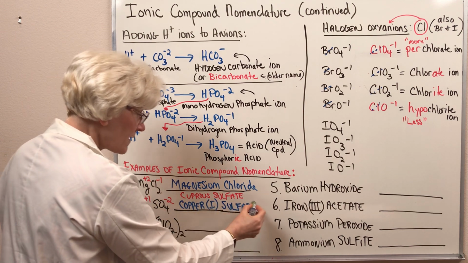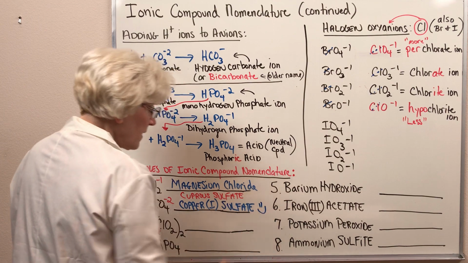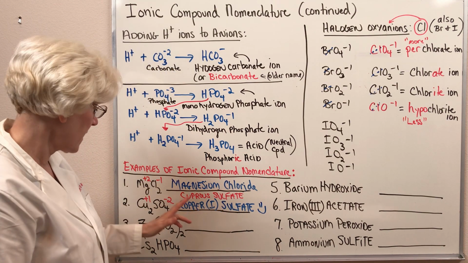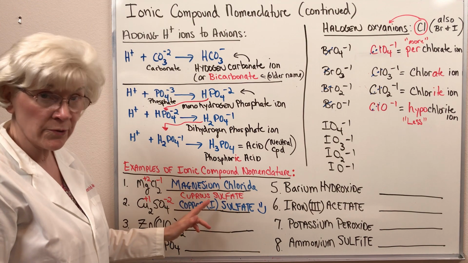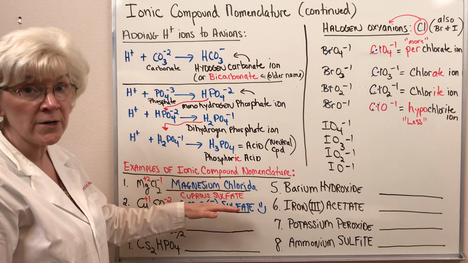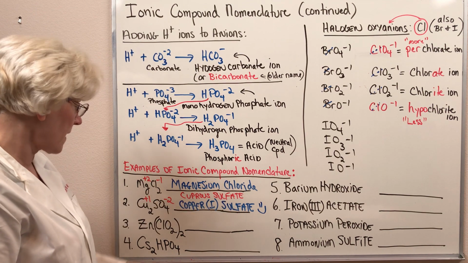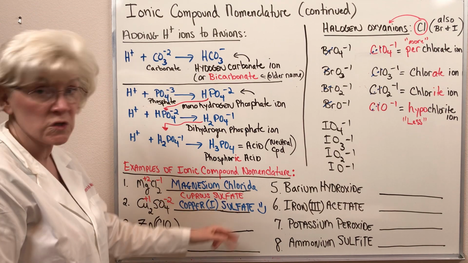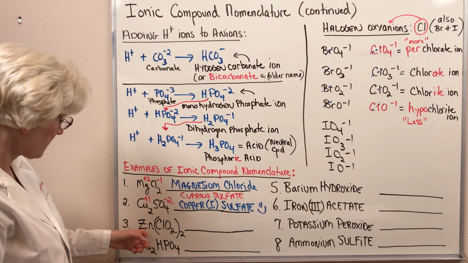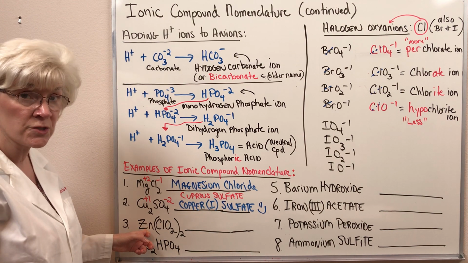I want you to recognize it, but I want you to use the more current modern method, and the Roman numeral in parentheses with the name of the element is the preferred method for naming the compound. So copper 1 sulfate.